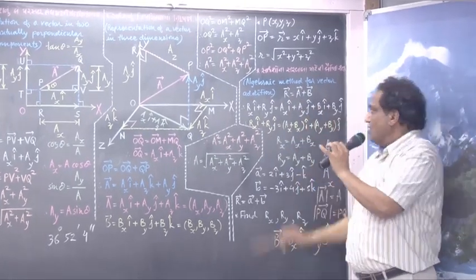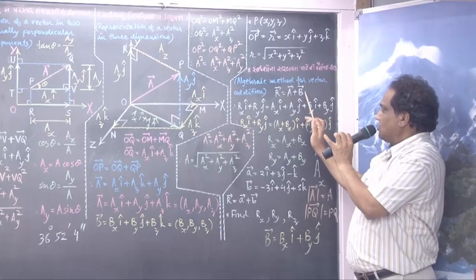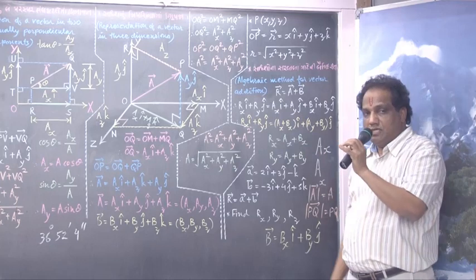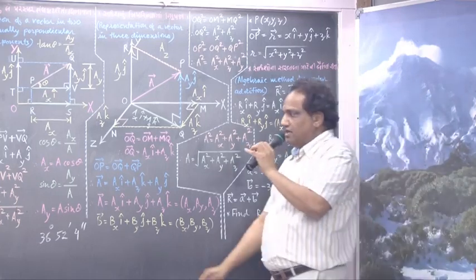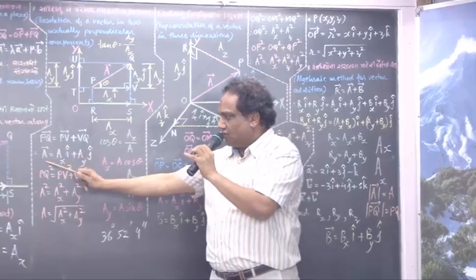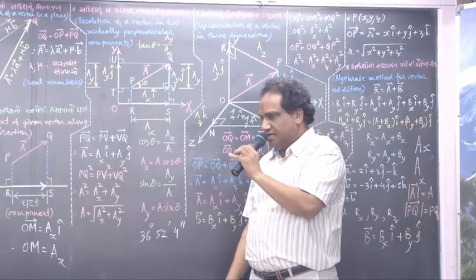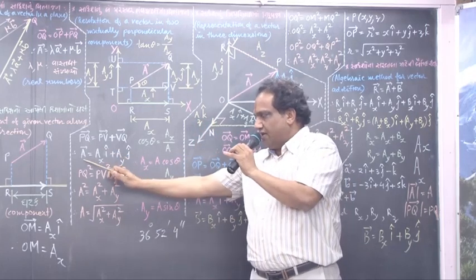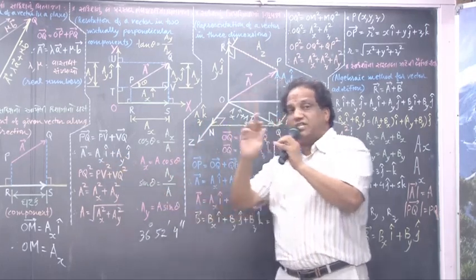Very simple. Vector A plus vector B, I just show it by symbol vector R, which is called the resultant vector. What did you say just now for vector A? In 2 dimensions, vector A can be written as ax I hat plus ay j hat.